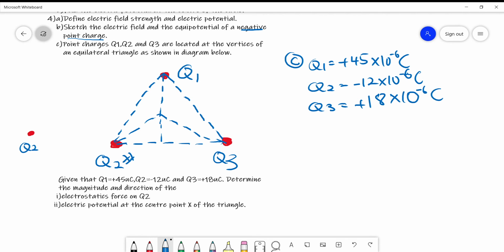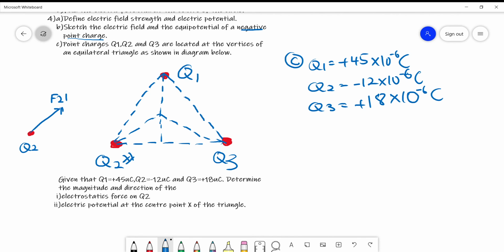Between Q1 and Q2, since Q1 is positive and Q2 is negative, both charges are attractive. So I can say that my F21 is pointing in this direction. So this is F21.